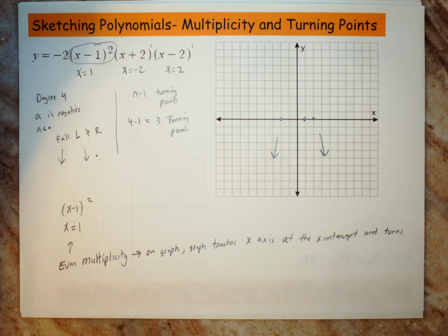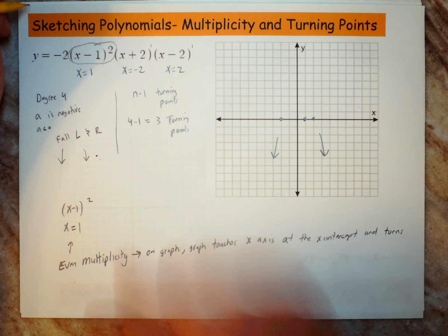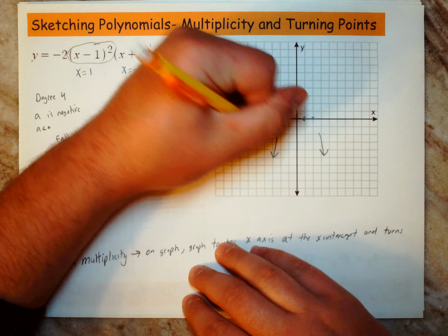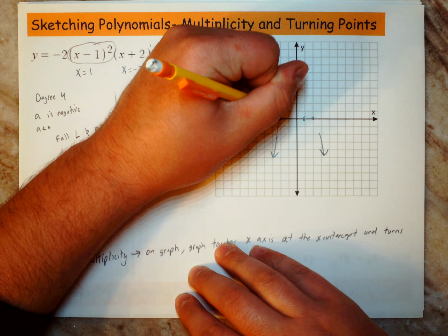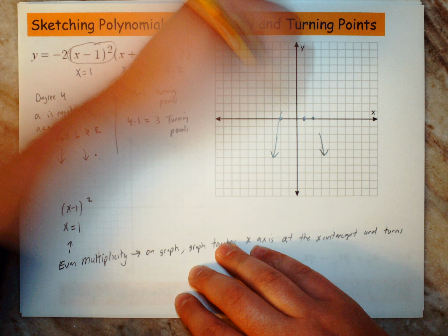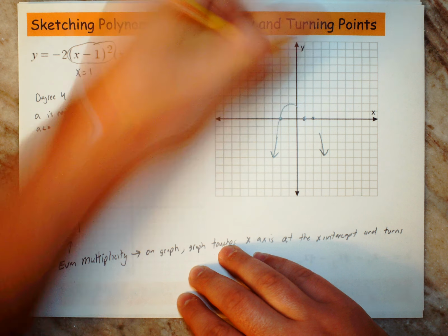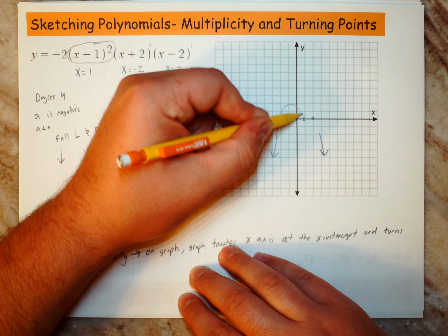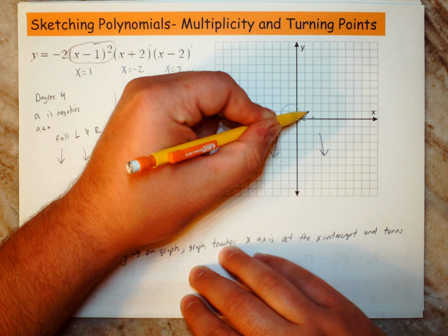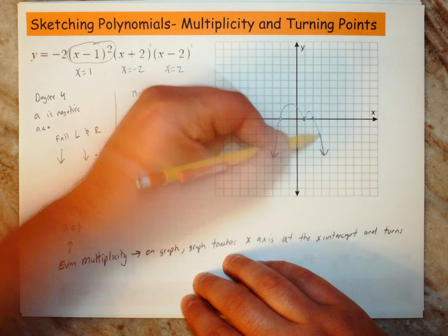So it's going to touch it and turn. So at x equals 1, it's going to touch it and turn. At x equals negative 2, I'm going to go right through. At x equals 1, watch my pencil now, I'm going to touch it and turn. And then at x equals 2, I'm going to cross.